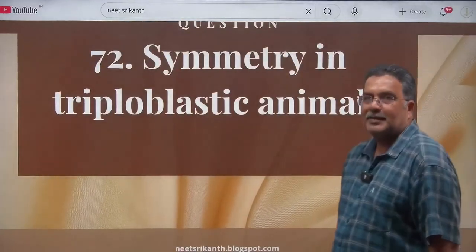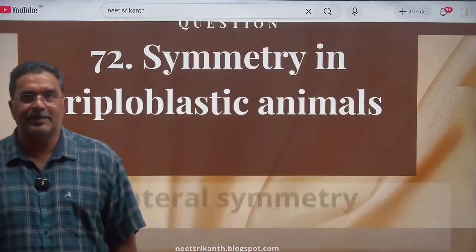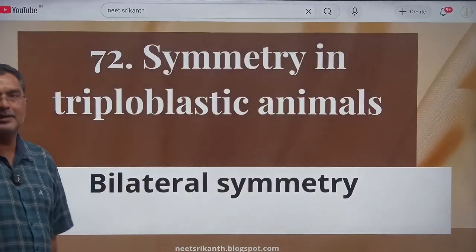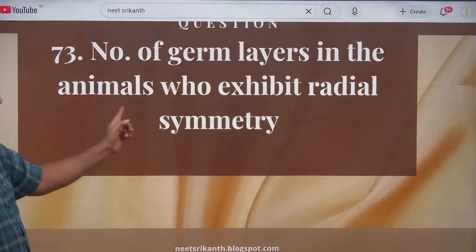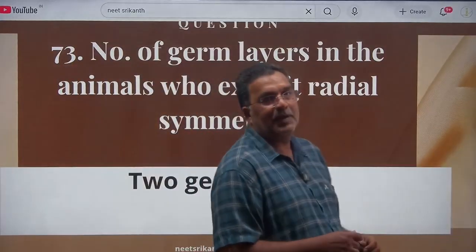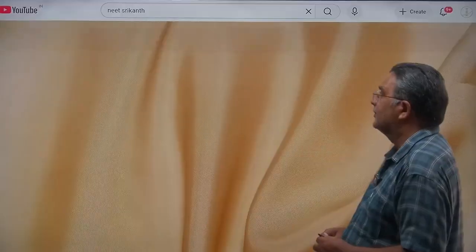Symmetry in triploblastic animals, what is the symmetry? Bilateria is also called Triploblastica. So, three germ layers with bilateral symmetry. Number of germ layers in animals that exhibit radial symmetry, grade Radiata, also called Diploblastica. So the answer will be two germ layers.